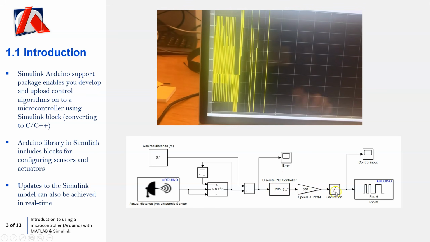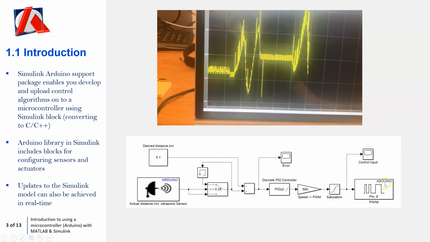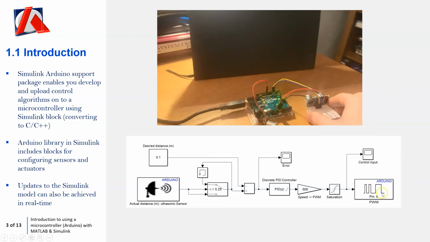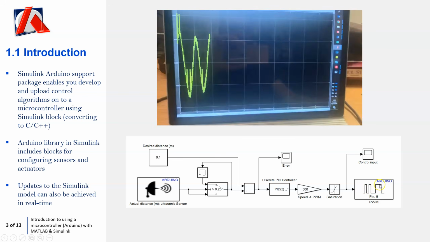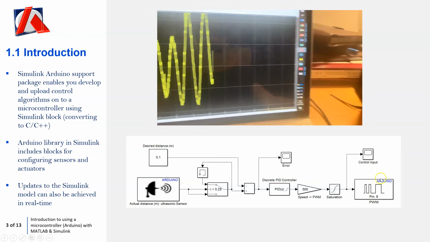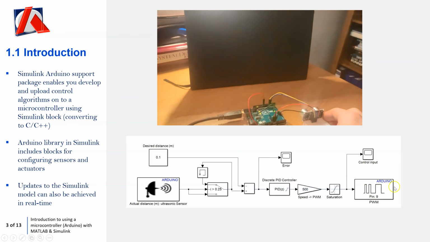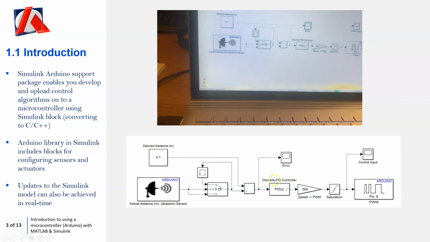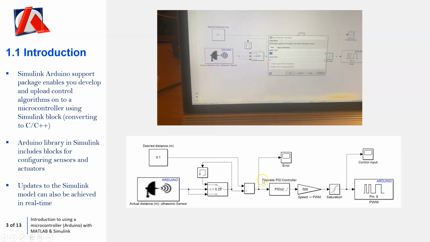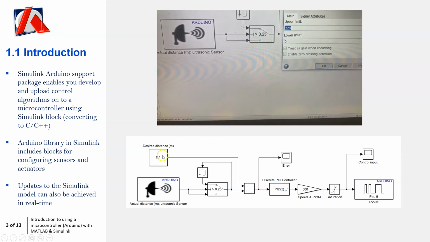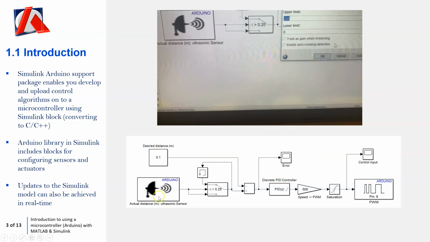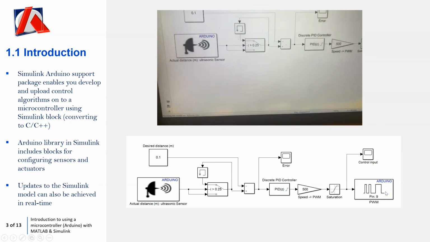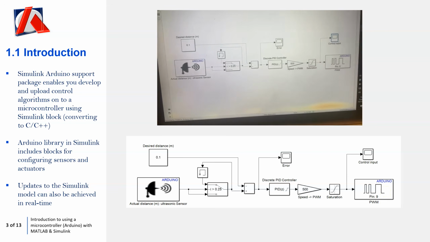Don't worry too much about this because we'll cover this in the coming weeks. And then here, pin 9 is your output, and that goes to your motor. So the speed of the motor is determined based on the error that's formed, through the difference between the desired distance and the measured distance. That changes the motor speed, as you can see as you're watching the video.